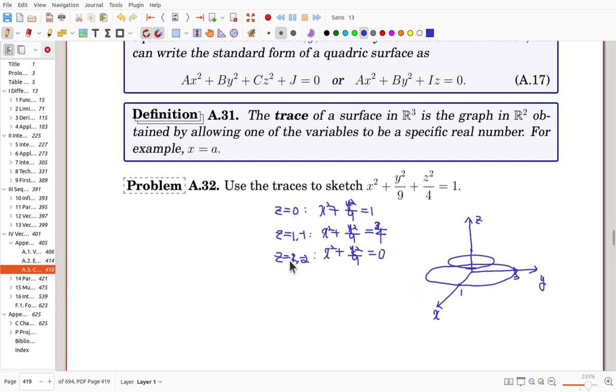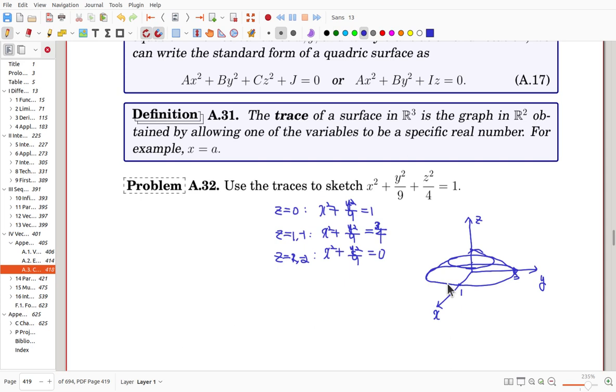For various z values, if you make this ellipse a flat ellipse and collect them, you may get a shape like that. It's passing like that, and the bottom is also the same. So the final result will be an ellipsoid.